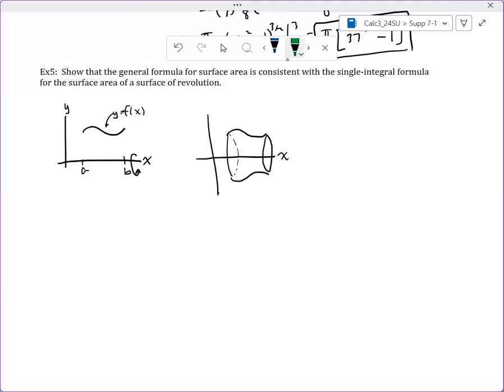So maybe what I could do is take, instead of going all the way from a to b, a small slice of this, say with delta x, and look just at that small slice.